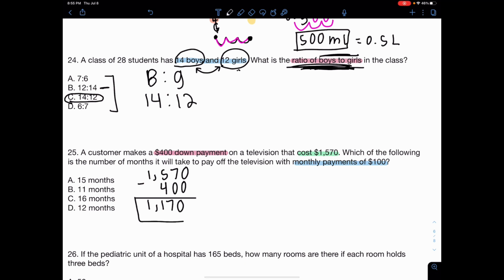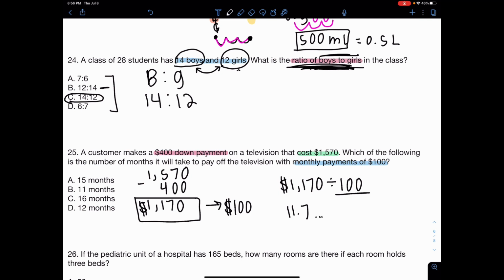Well, if you have that much and you're making monthly payments of $100, you're just simply going to divide what you have left, 1,170 by 100. That gives you a total of 11.7. Obviously you can't pay for 11.7 months, so we're going to round that up to 12. So he's going to be paying on this TV for 1 full year, for 12 months.